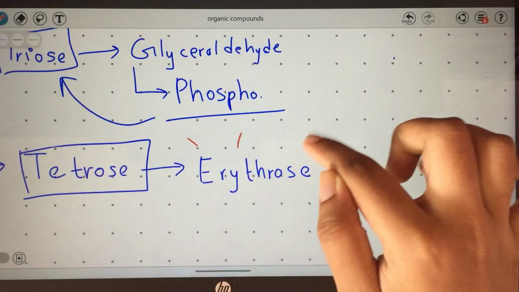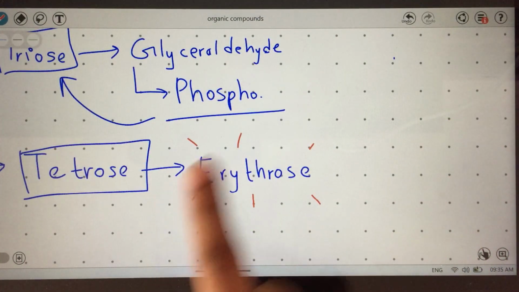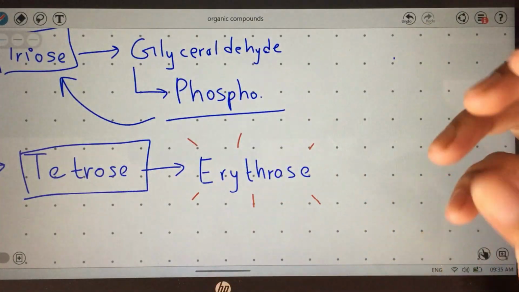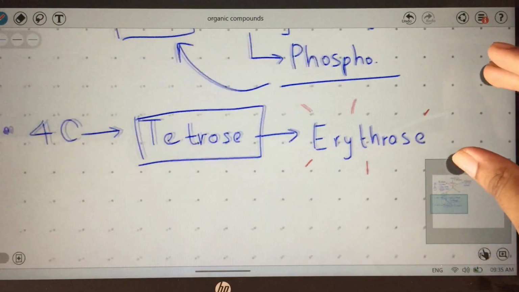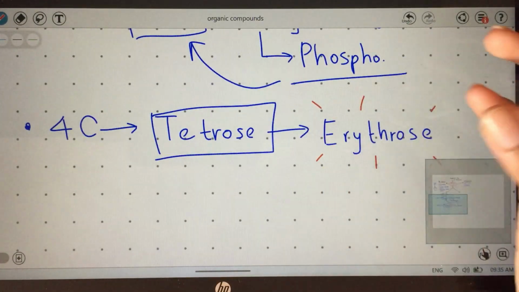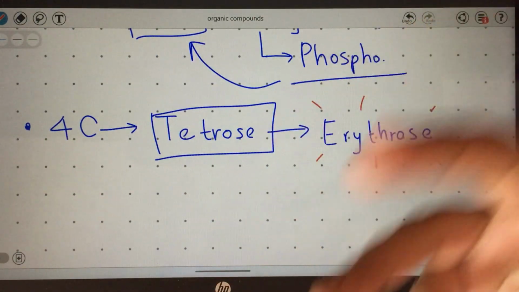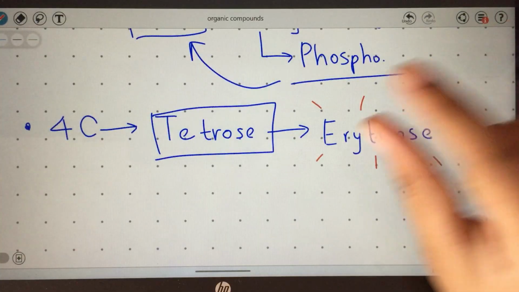So just remember something like this, okay? Why have we put this remark here? To show that, okay, this is rare in nature. This one is special. Why? Because it's rare in nature. It's a point. So in your MCQs they can say, for example, I'm telling you how they can question this. They can be like, which of the following monosaccharides is rare in nature?